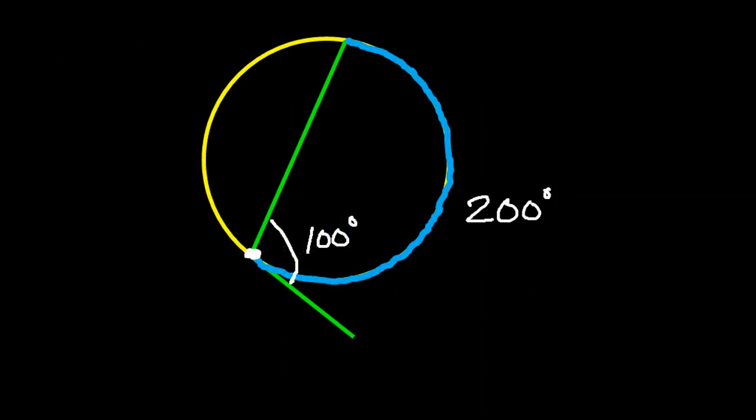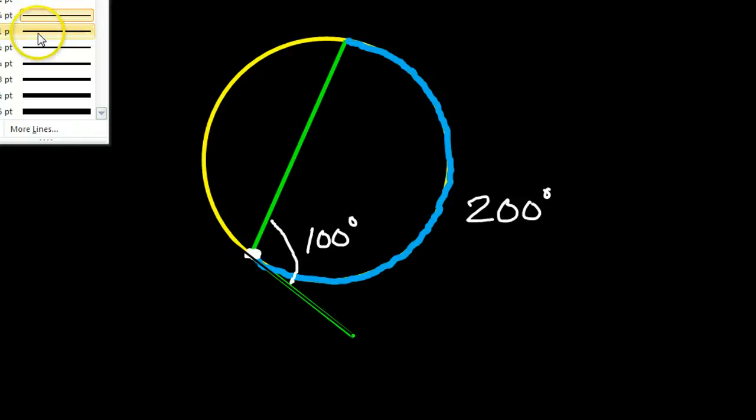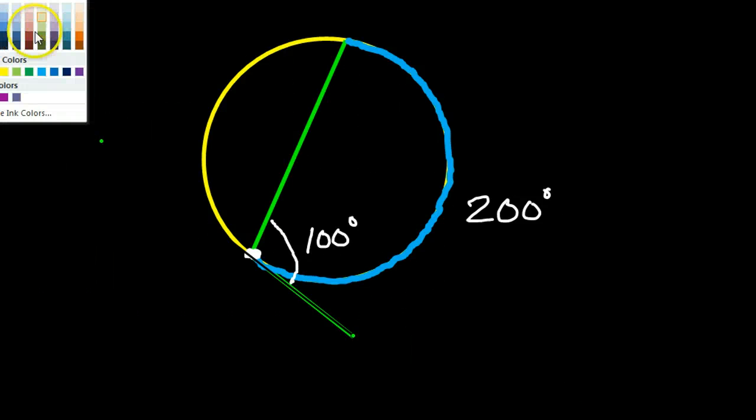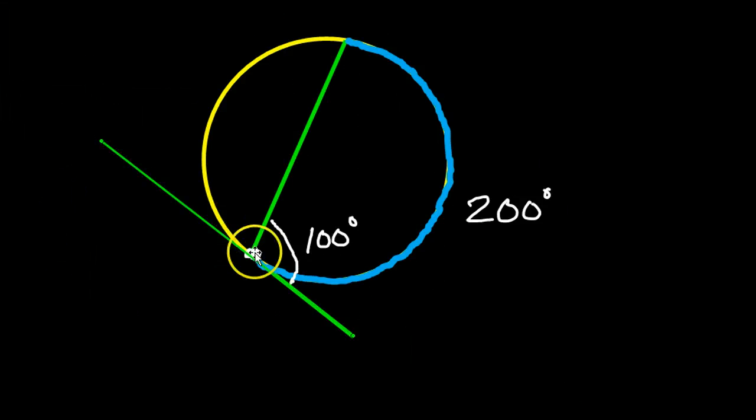I'm saying this is tangent, so I want you to imagine, if I were to extend this line beyond the circle, you would be able to see that this is a tangent line. And so that still applies. So why am I mentioning that now?